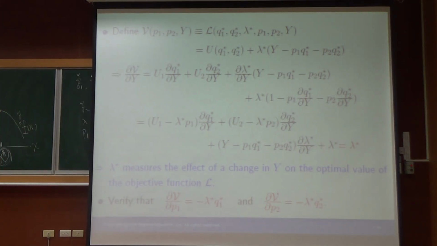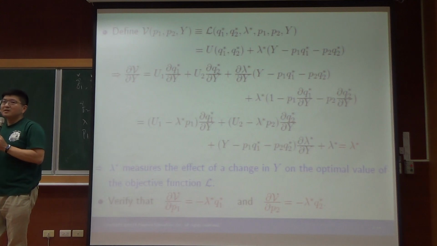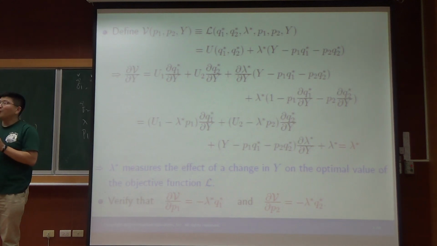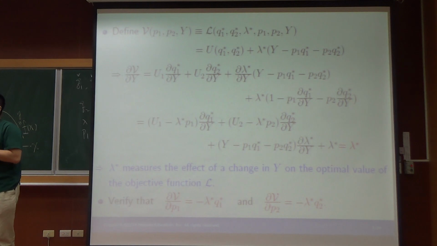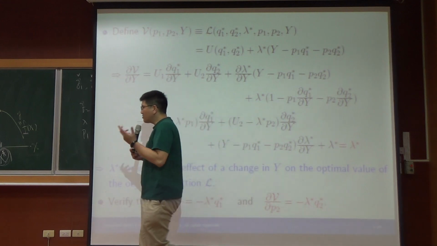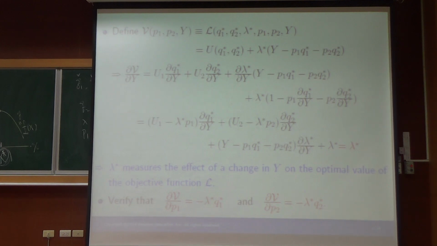Y is our income. So partial nu partial y means if you give me $1 more, the marginal utility I may have. This would be the marginal utility we may have by $1 extra to our income. So one more unit of the resource can give us lambda star. That's why I just told you in the very first class today, I say, what is lambda? Lambda is the marginal utility of the resource, right?